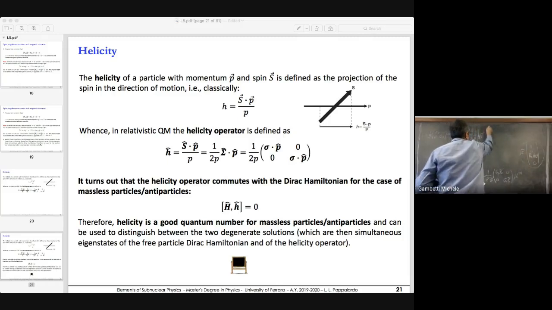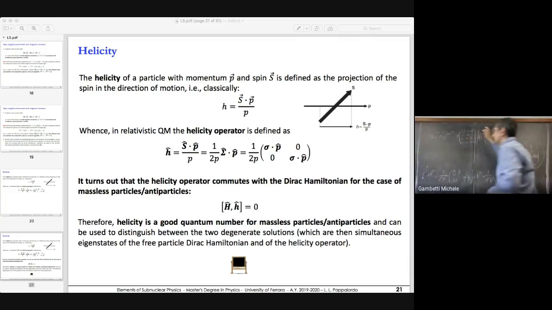And then we have our solution. It's going to be 1, 0, Pz over E, or P over E, whatever, and then 0. And now we make this matrix product. So we have a 4x4 matrix on a 4-component vector. This is going to be 1/2 square root of E. Then 1 plus 0, 0, 0 is 1.